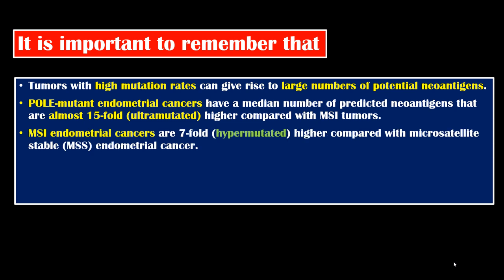MSI endometrial carcinomas, that is hypermutated, are sevenfold higher compared with microsatellite stable endometrial cancer.